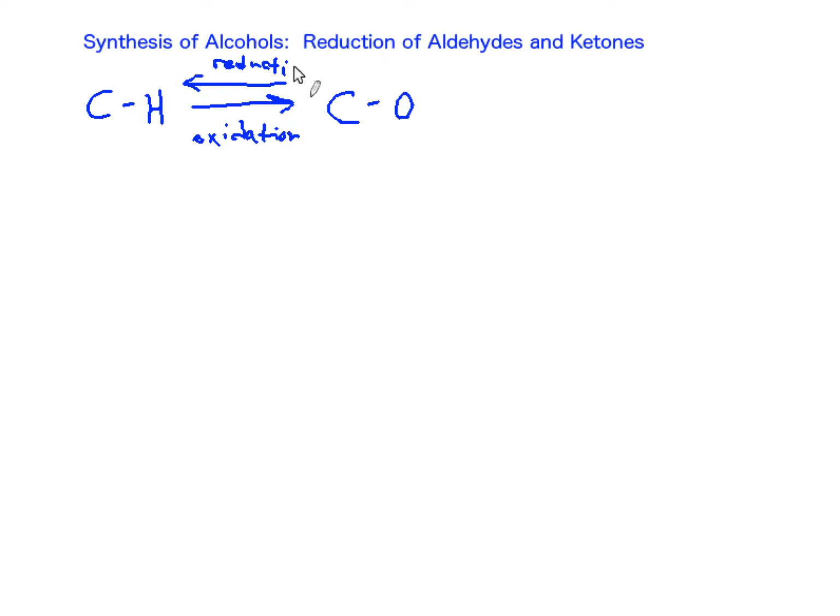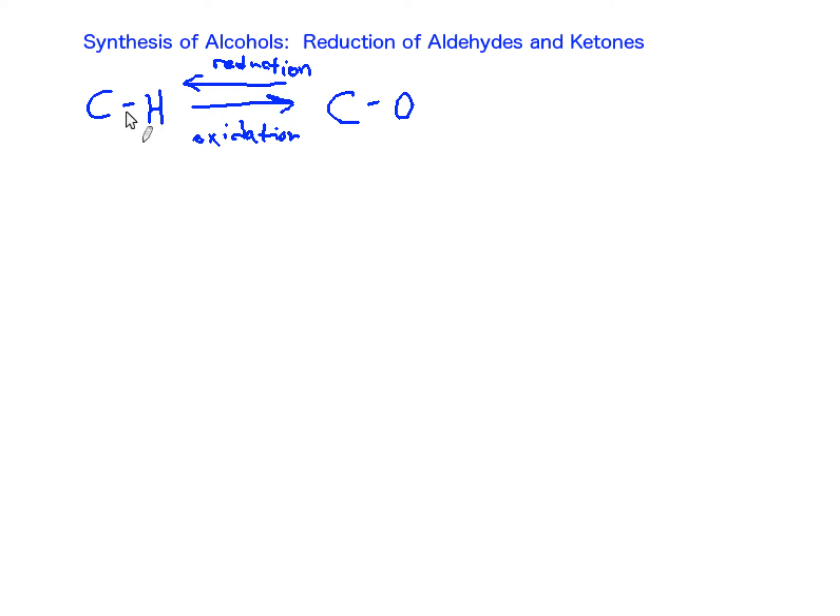We said if we turn a carbon-hydrogen bond to a carbon-oxygen bond, that was oxidation. And so it makes sense that if we go backwards, turn a carbon-oxygen bond to a carbon-hydrogen bond, those are reduction reactions.